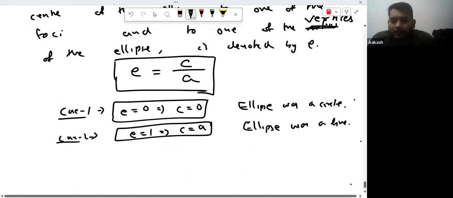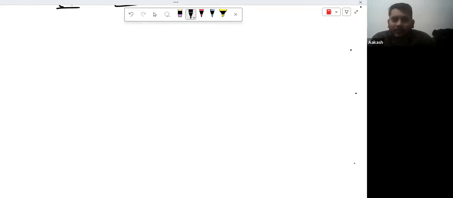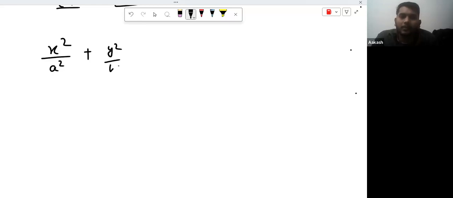Yes, sir. Okay. See, it looks very complicated, a lot of things to remember, but don't worry. These are just to give you 1 mark questions. When we solve questions, I will make you memorize all this. Next thing, the standard equation of ellipse looks like this: x square by a square plus y square by b square equals 1.